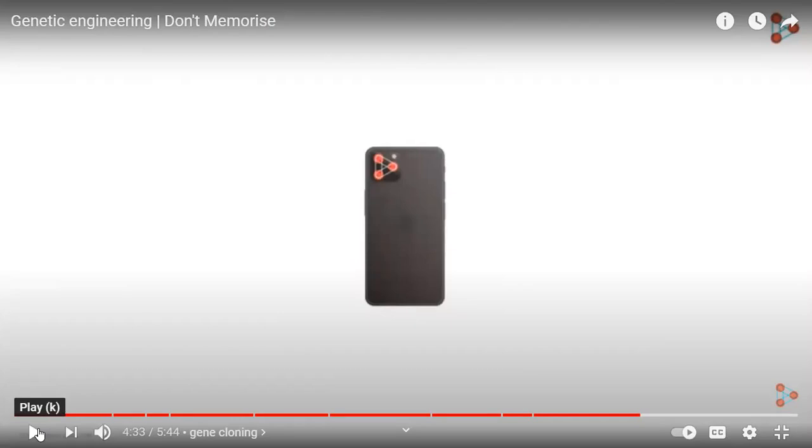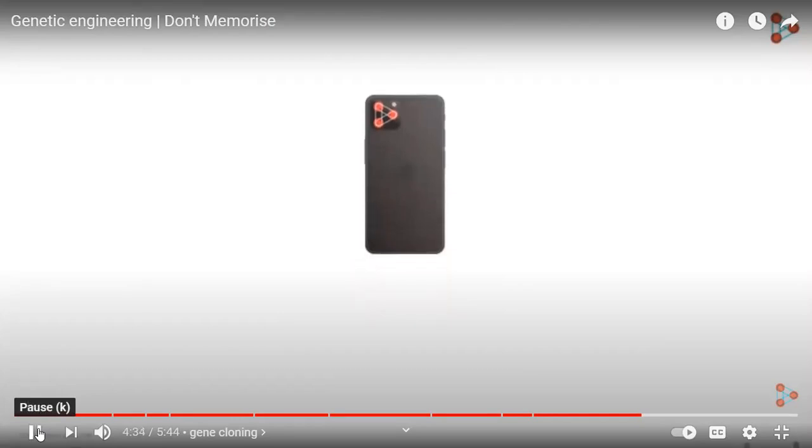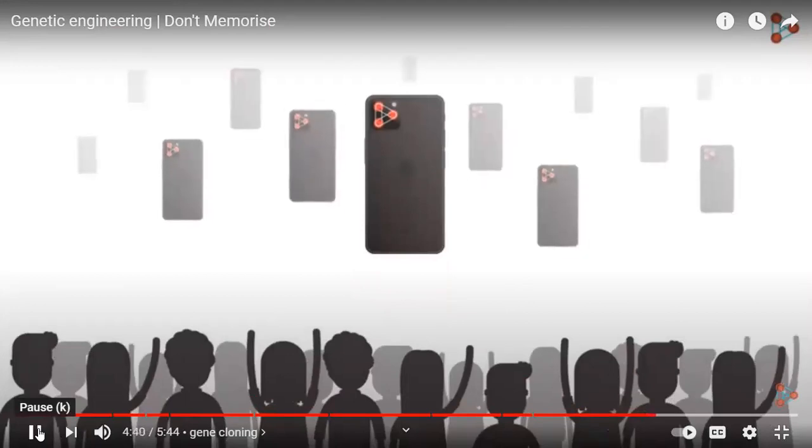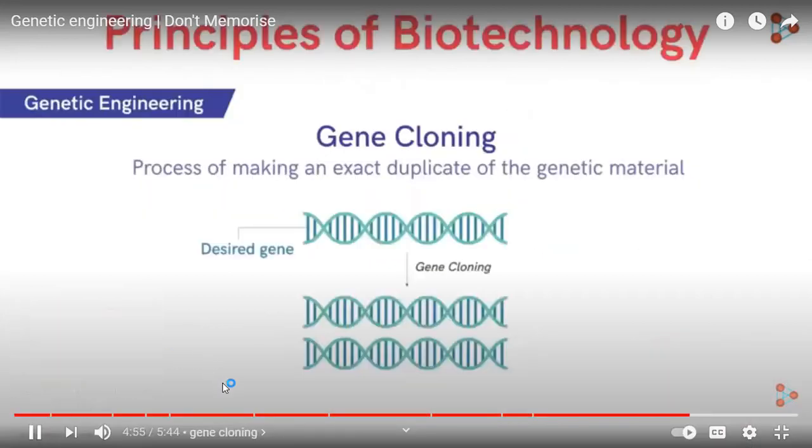For example, insulin. There will be so many people who will want to buy it. For this, multiple copies of the same product are manufactured on a large scale to meet the demand. This just means that making exact copies of the original product is useful in several ways, isn't it? The same logic applies to genes as well.